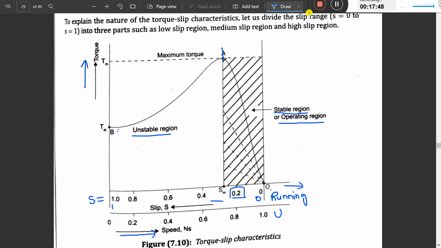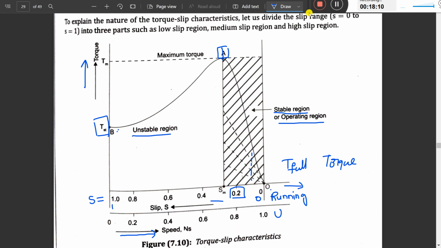At this point B we call the starting torque, and point A is called the maximum torque. At any point in this region, it is called the running torque. It is also called the full load torque.